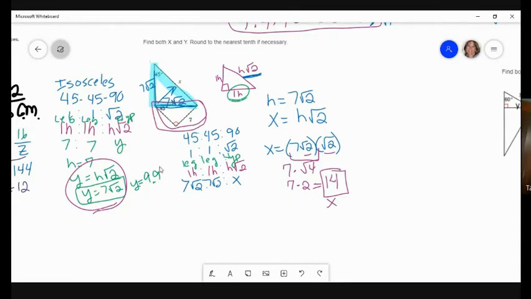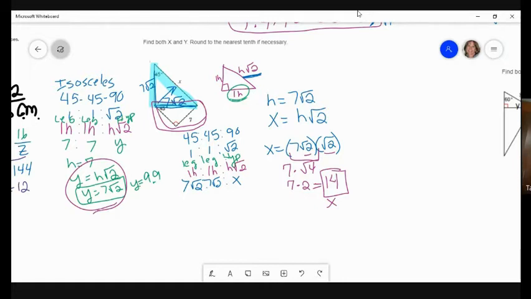So by using these ratios, the 1 square root 2, to solve for the missing sides, we're actually giving ourselves less work. Did that help a little bit on where that came from? Yes, ma'am. Okay, because that's kind of the real long way.